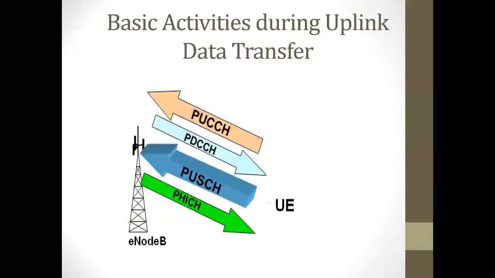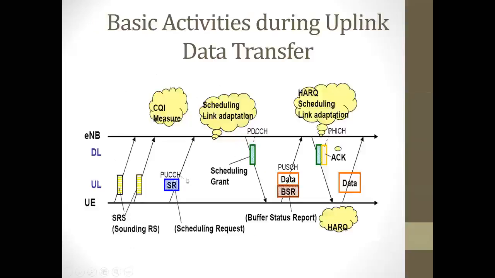Now for uplink, you first need to tell whether or not you have some data for uplink transmission. If your uplink data transfer hasn't started, then there is no PUSCH available.